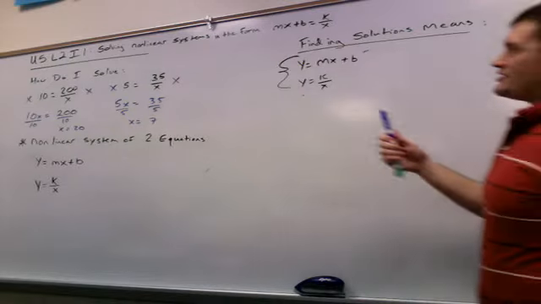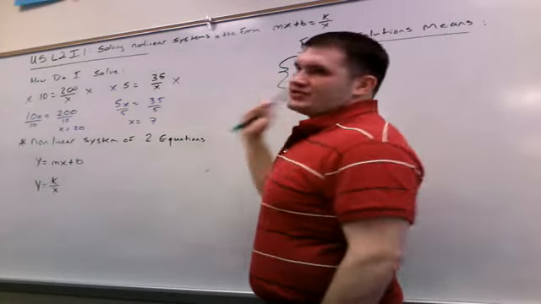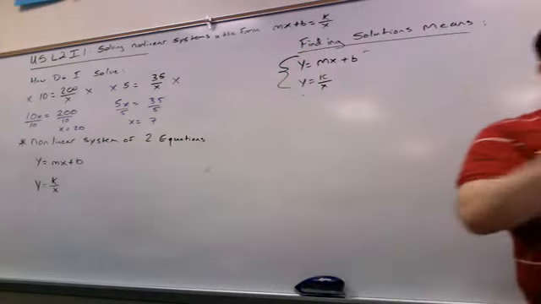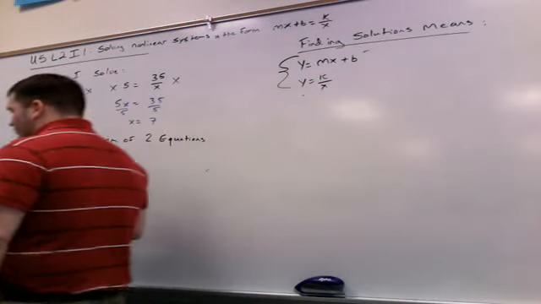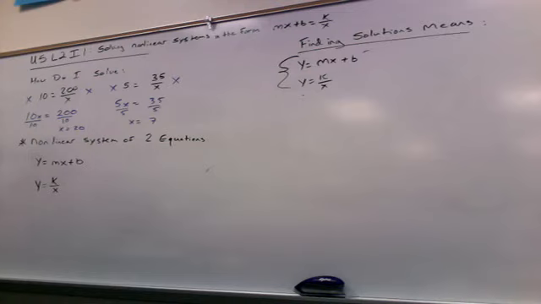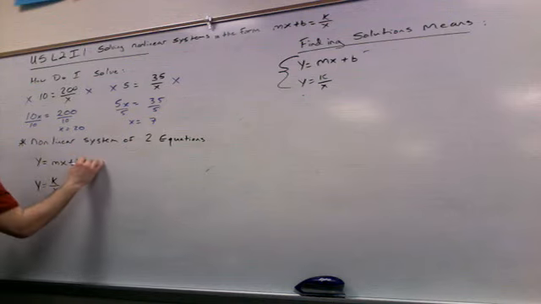Today we're going to look at systems of nonlinear equations. So one equation is going to be a linear equation. One equation is nonlinear. So here I have two types of equations, y equals mx plus b and y equals k over x. Which one's linear? Mx plus b, right? This one is linear.